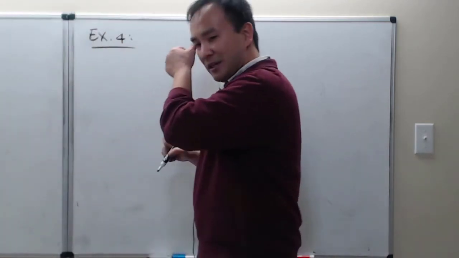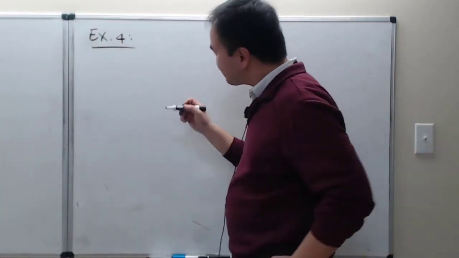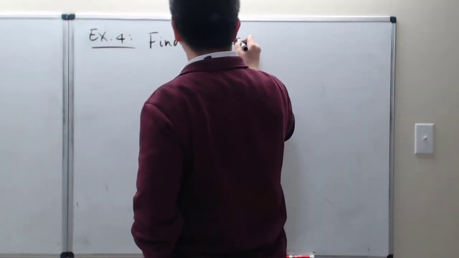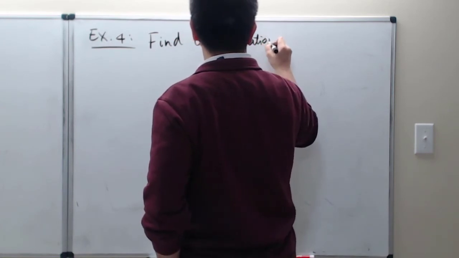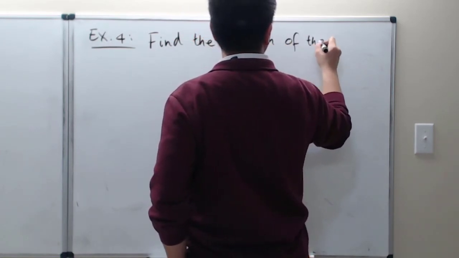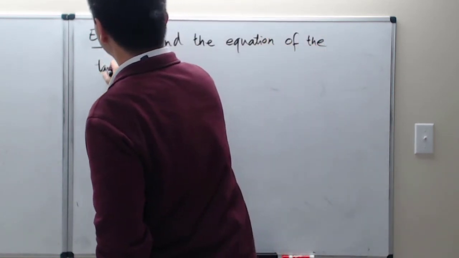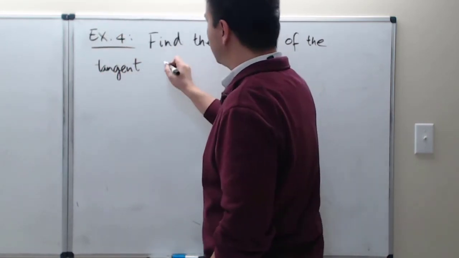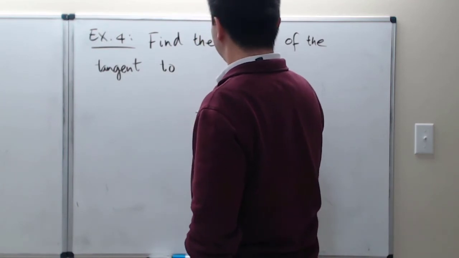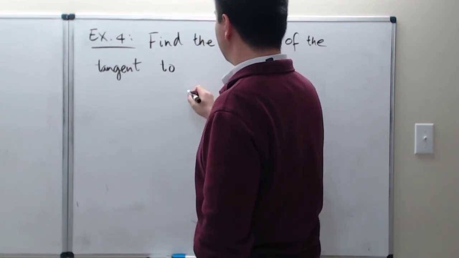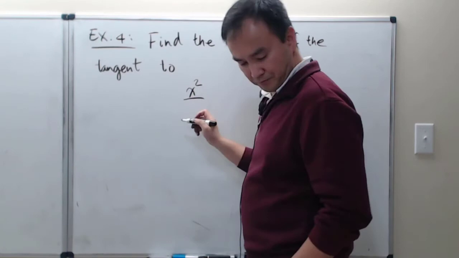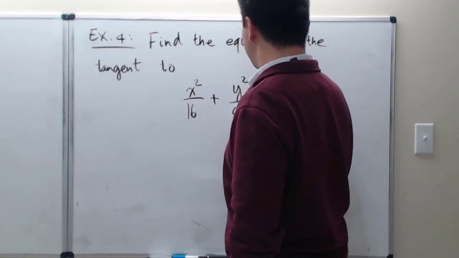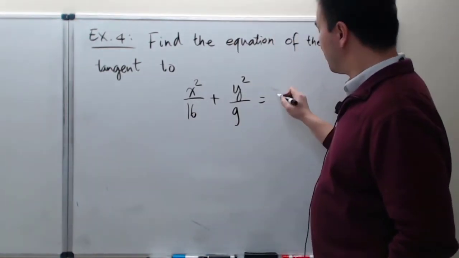Find the equation of the tangent line to the equation x squared over 16 plus y squared over 9 equals 2.